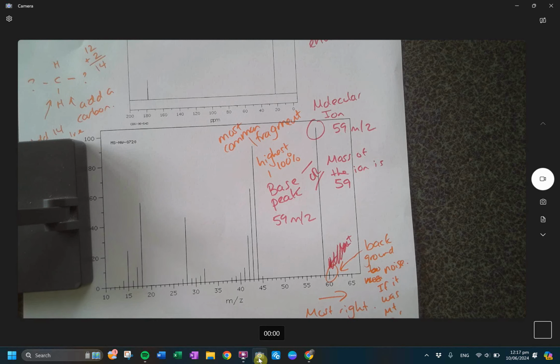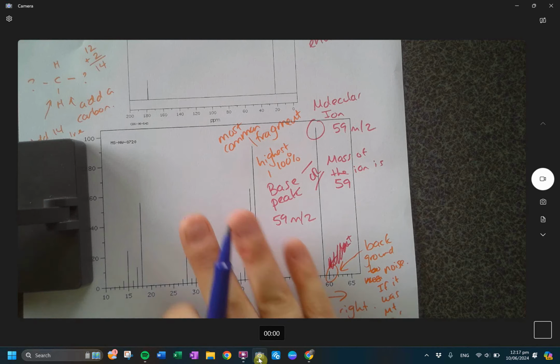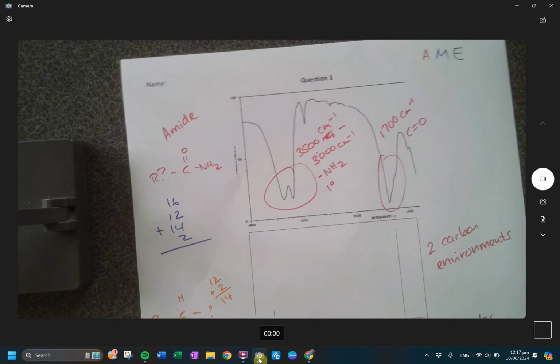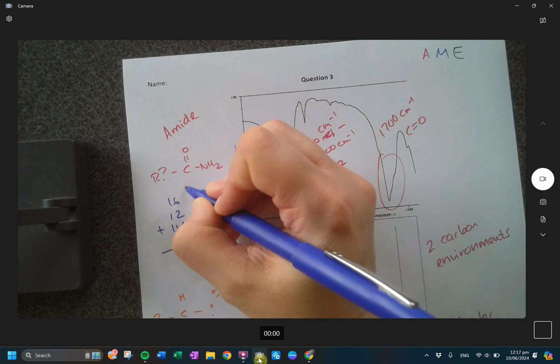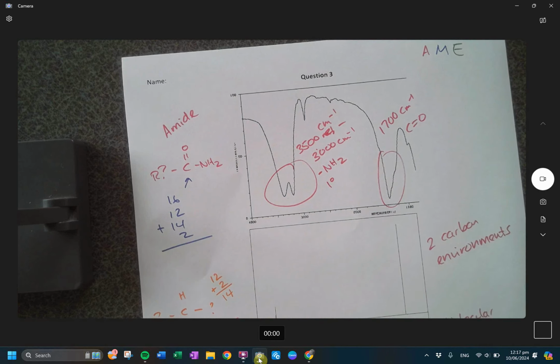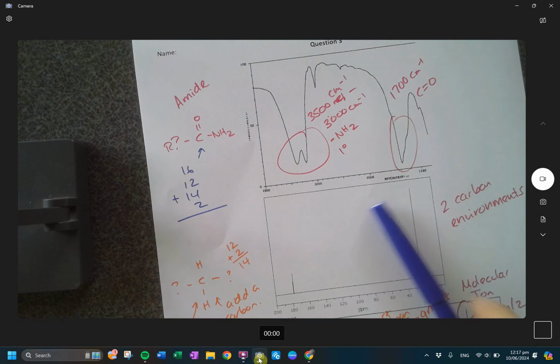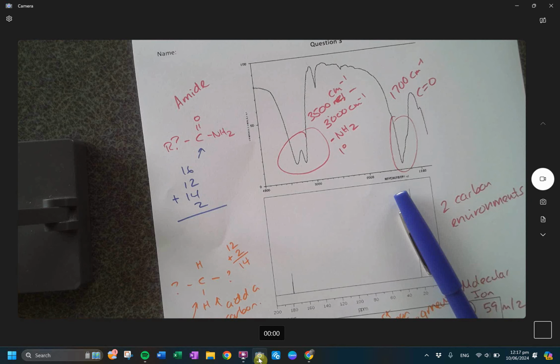All right, for the merit, you need to figure out what the molecule is. That process is going to involve figuring out what you have as your functional group, and doing the math to add this up. Let me grab my phone so I have a calculator, because you know I can't do mental math. So we have 16 plus 12 plus 14 plus 2.